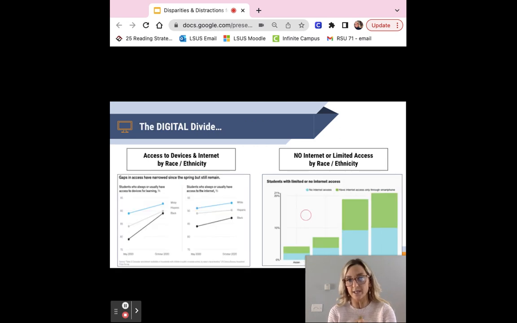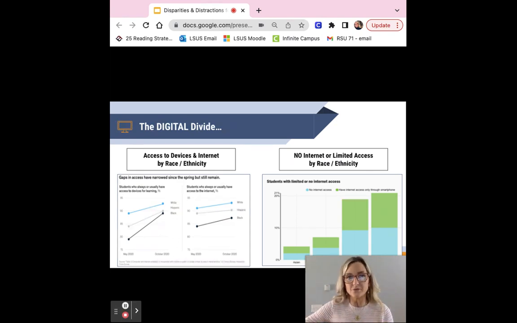I also wanted to talk today about something known as the digital divide. It so reminded me of the opportunity gap, the achievement gap, and now we are adding another one, the digital divide. So we're looking at access to devices by ethnicity and internet or no internet by race and ethnicity. Graph 1 displays access to devices for online learning and internet by race and ethnicity from May of 2020 to October of 2020.